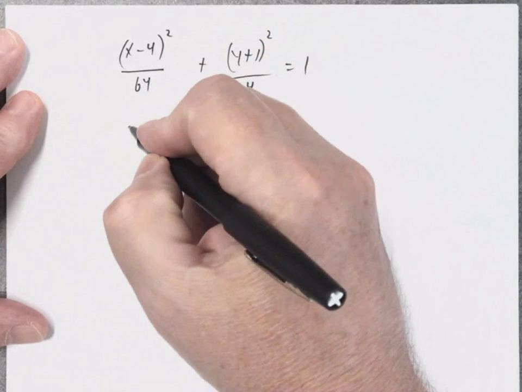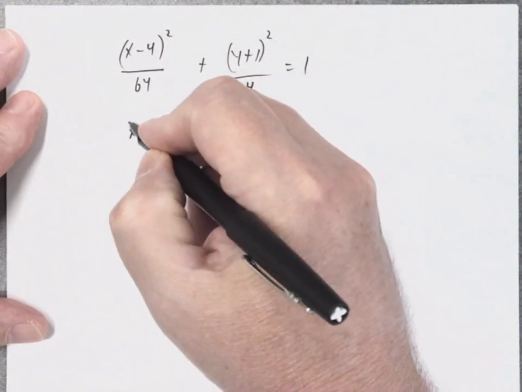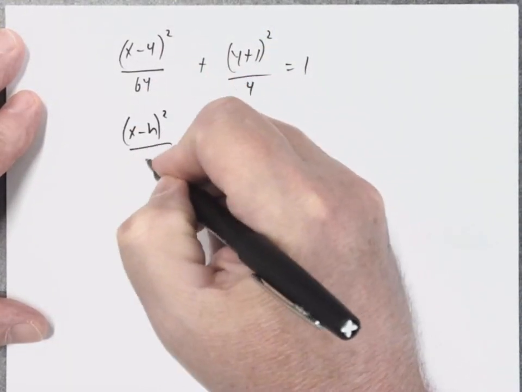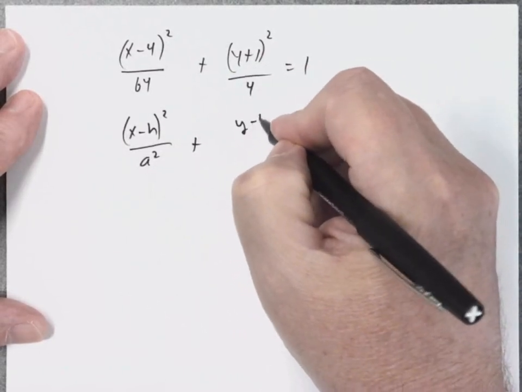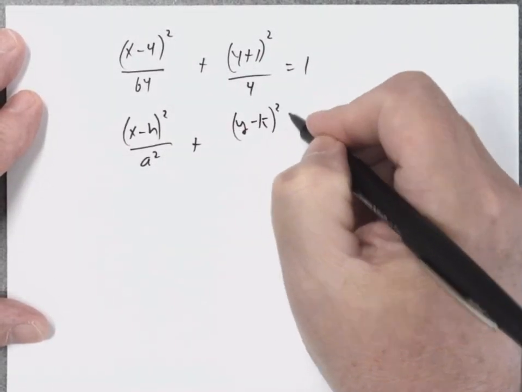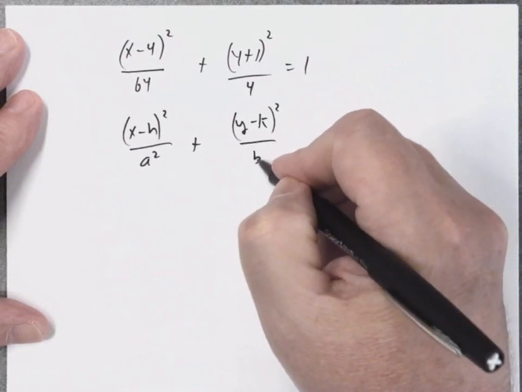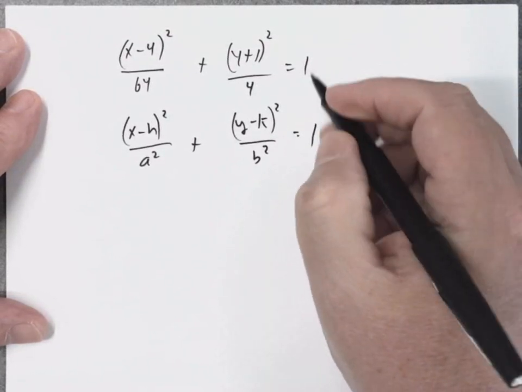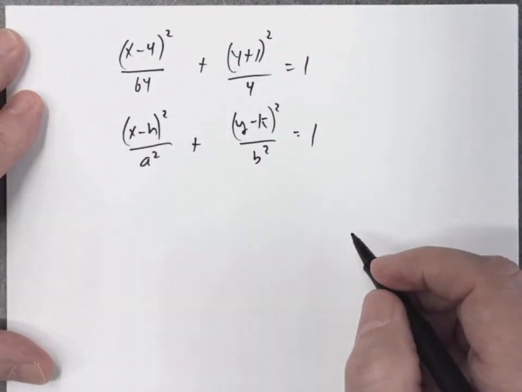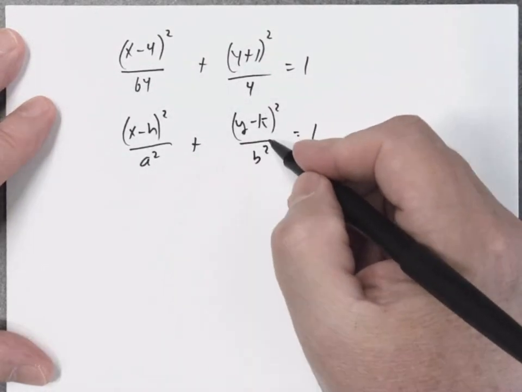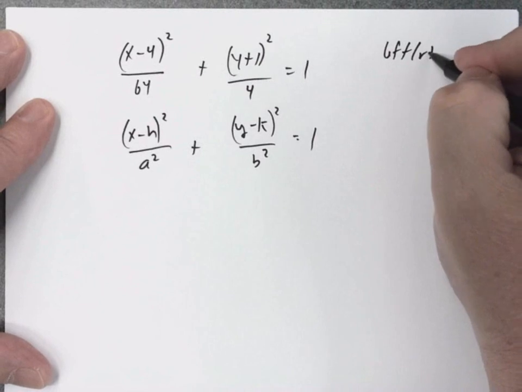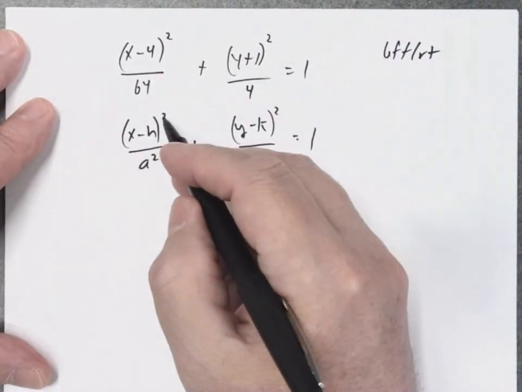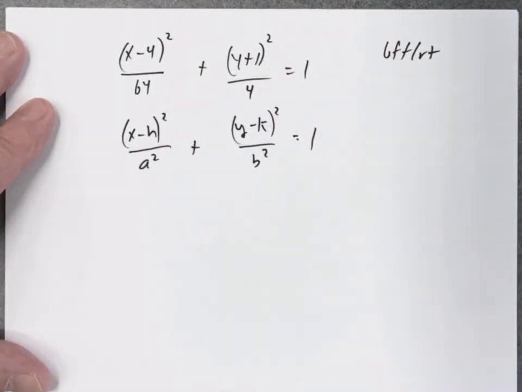Matter of fact, if I write the standard equation, it would be x minus h squared over a squared plus y minus k squared over b squared equals 1. So this is actually the equation of a left to right ellipse, since the x squared term is above the a squared.